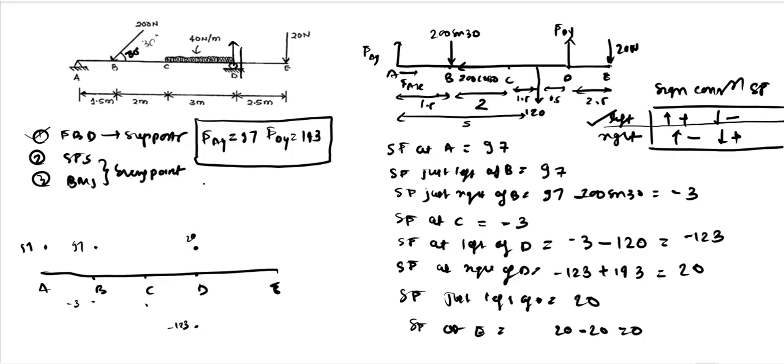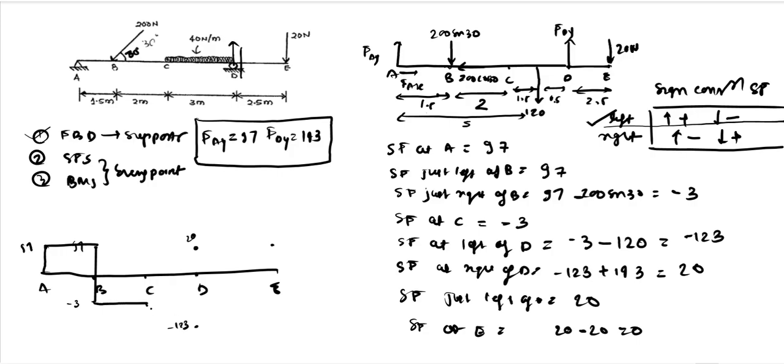And at E we have 0. So there is 97 and it will not change until B. It will suddenly jump at B, to just right of B, where it will be minus 3. And between B and C, at C it is minus 3 only, so it will not change.